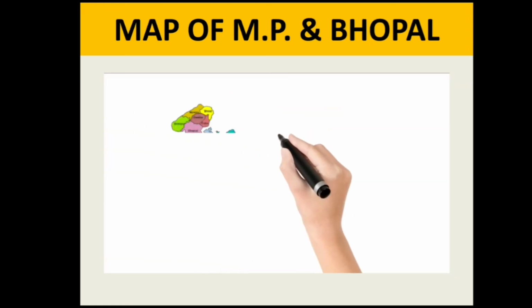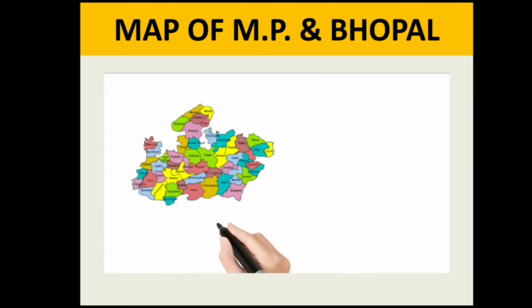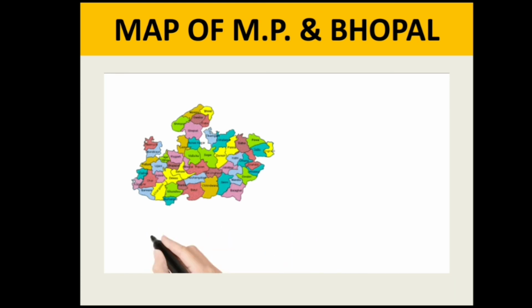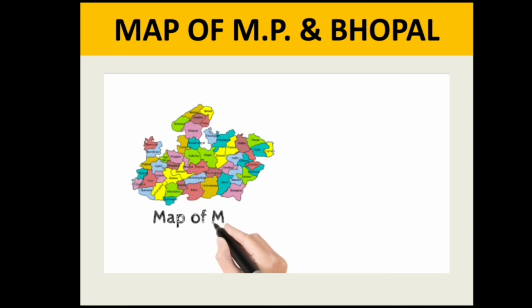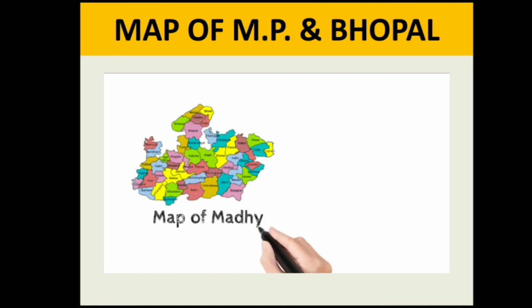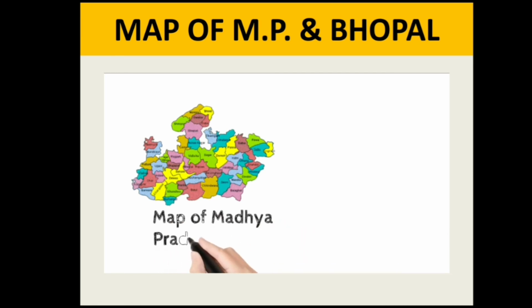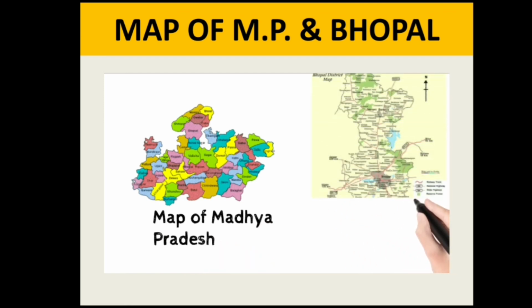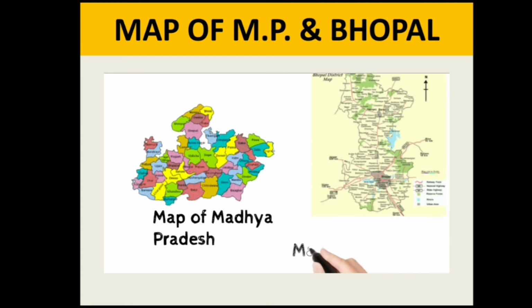If we want to make the map of any state, we can make the map of a state in which we can show all the cities also, like this is the map of Madhya Pradesh. And if we want to make the map of a city, like this is the map of Bhopal, we can show all the areas of Bhopal and the roadways also.